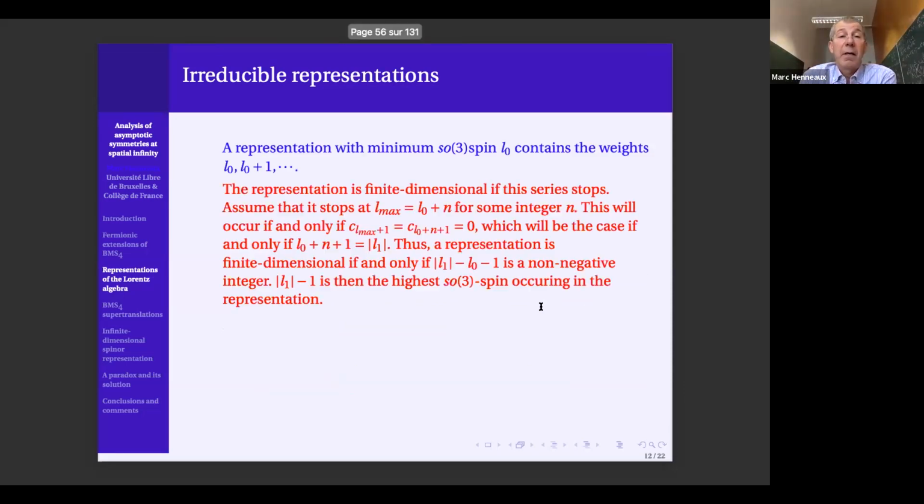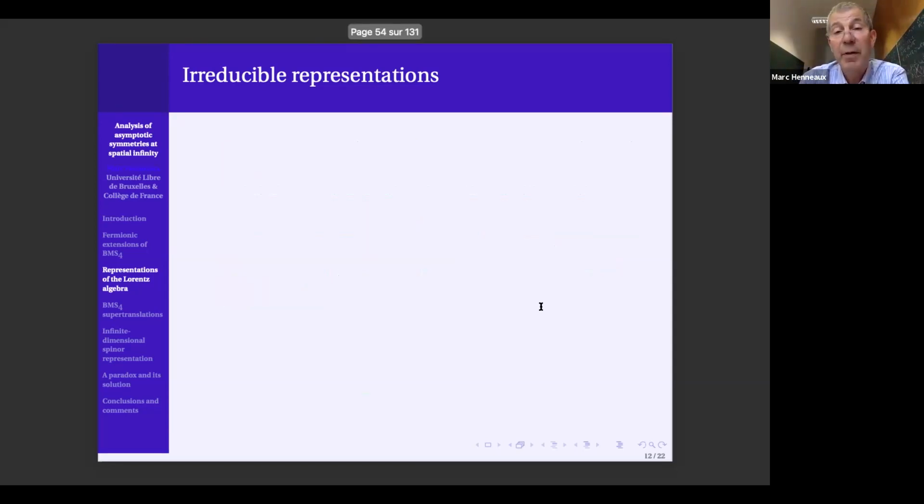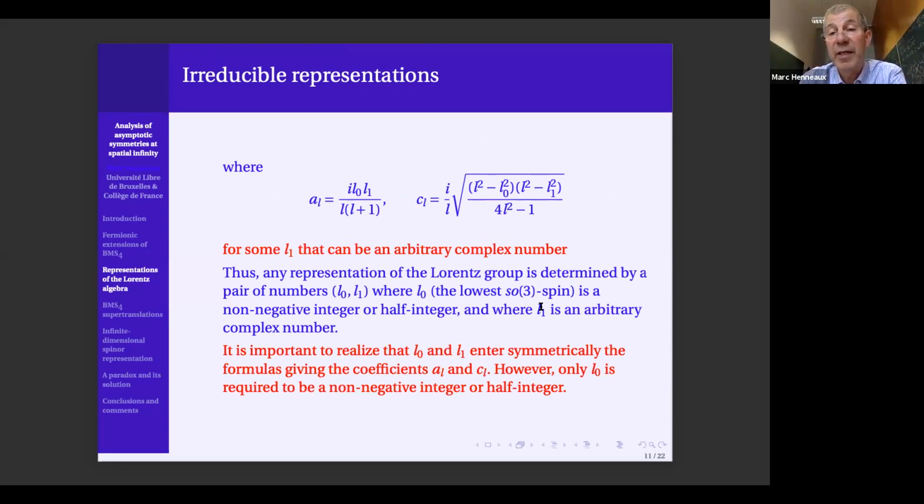Now, as I said, the representation with SO3 spin L0 will contain the values L0, L0 plus 1, L0 plus 2, etc. It will stop if at some point CL vanishes, which will happen if L1 is equal to one of these values allowed for L, which are L0, L0 plus 1, L0 plus 2, etc.